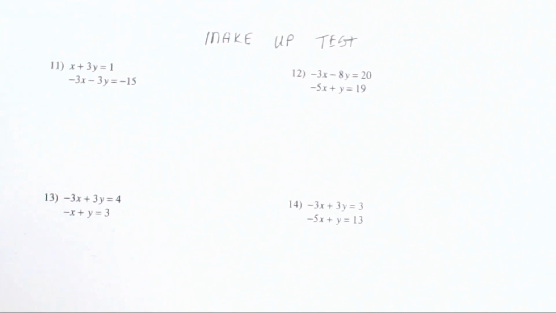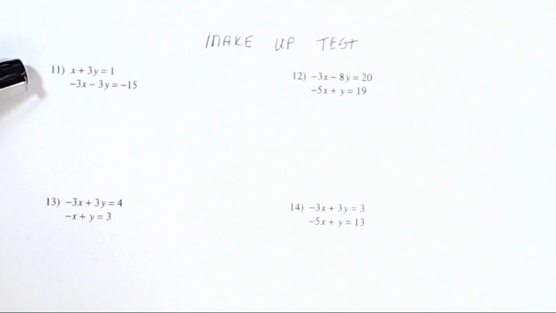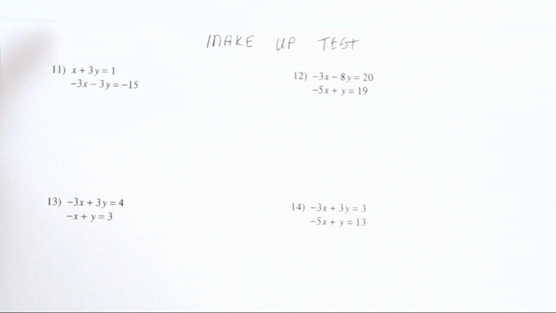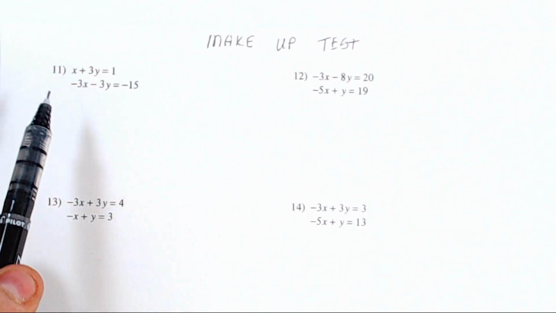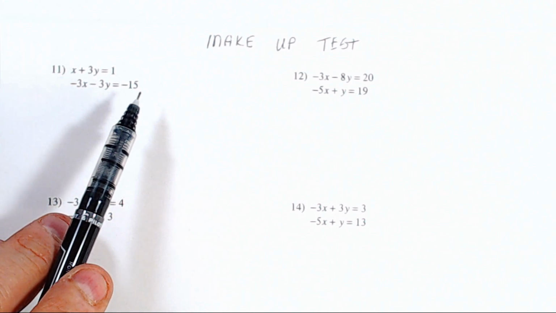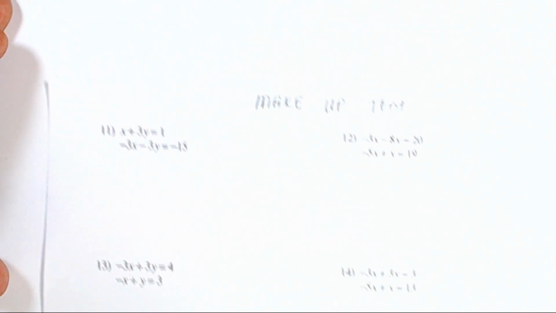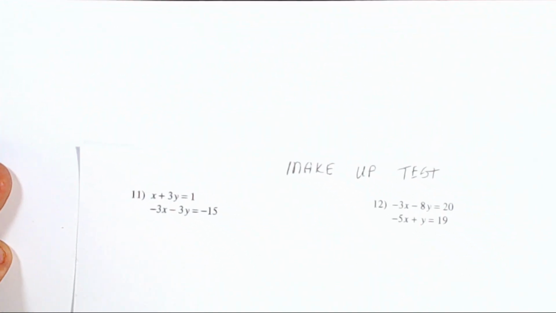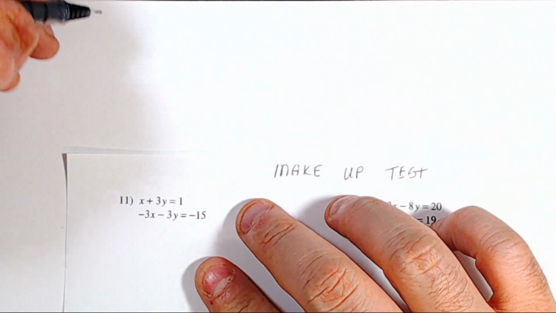All right, on number 11, or the first problem on the makeup test, we are given x plus 3y equals 1, and negative 3x minus 3y equals negative 15. So I'm going to transfer that to my writing surface.